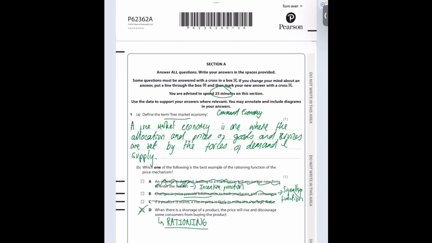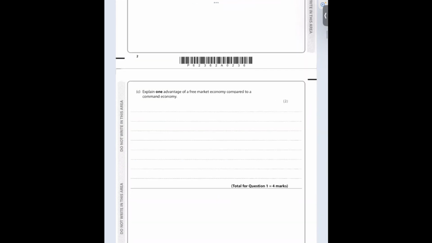Okay, moving on. Explain one advantage of a free market economy compared to a command economy. Okay, one advantage would be improvement in efficiency of firms.